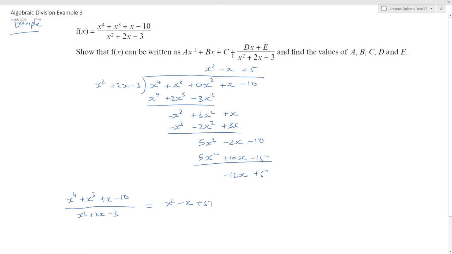Now they want us to have a plus here, so we can say plus minus 12x plus 5 all over x squared plus 2x minus 3.